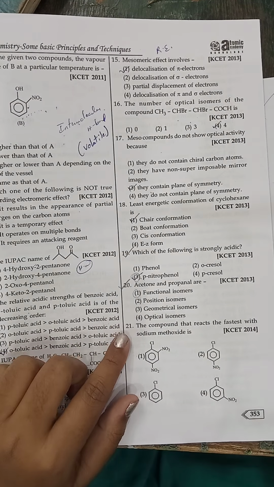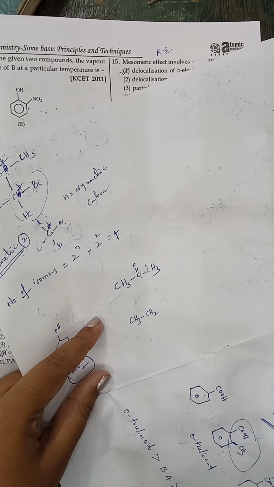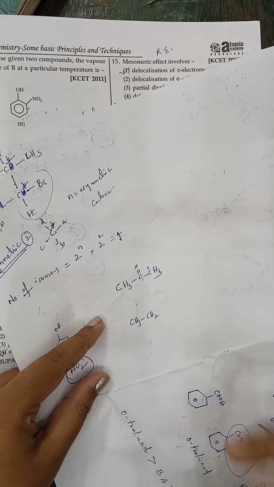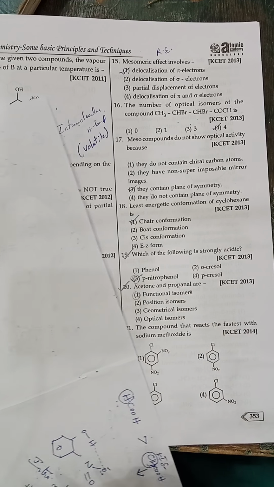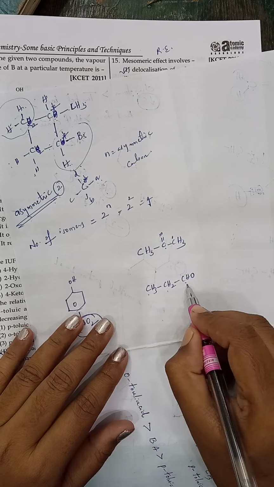Now see the next bit. Acetone and propanal. First write the structures. Acetone is CH3 C double bond O CH3. Propanal is CH3 CH2 CHO. Al indicates the presence of an aldehyde. There are 1, 2, 3 carbons in propanal.